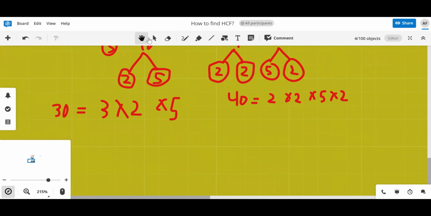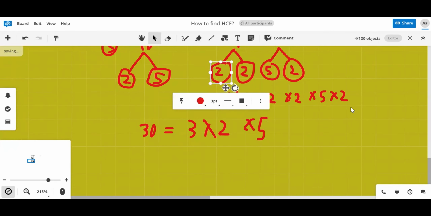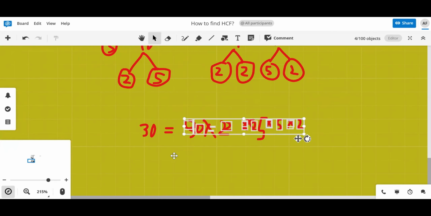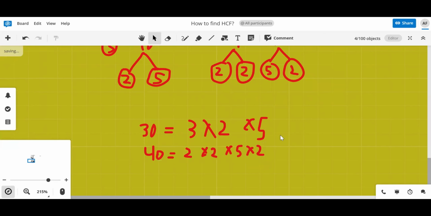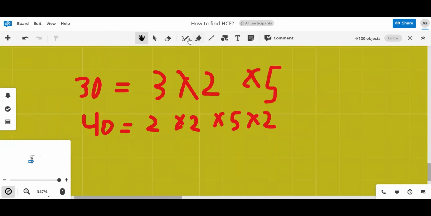Let me write 30 and 40 here. Now the next step, the second last step, is finding the common numbers. First we have 3 here. Is there any 3 in this one?